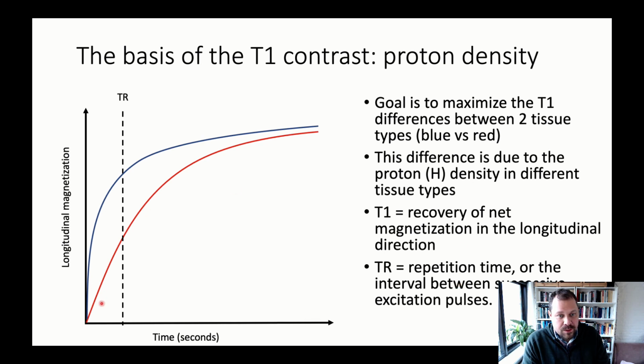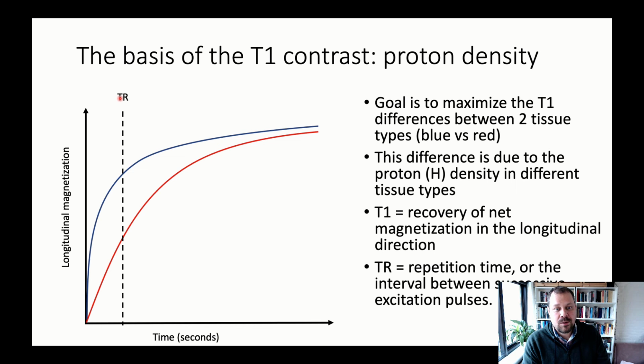And what this T1 contrast then measures is the recovery of net magnetization in the longitudinal direction. And that means in terms of the alignment with the scanner. The TR here is the time point where we take a new measurement. So we start a new pulse.